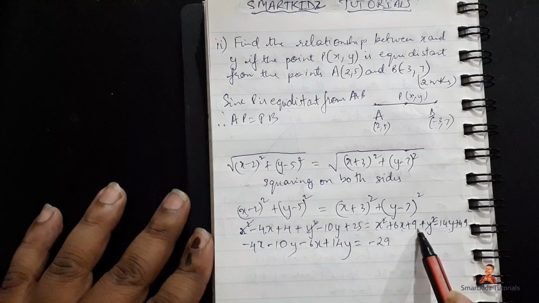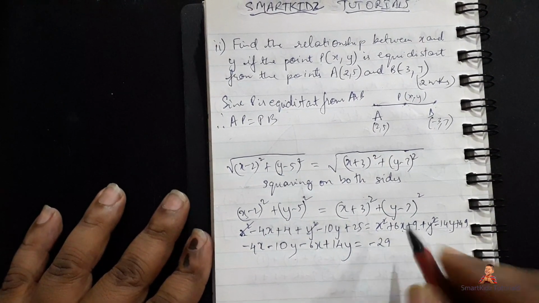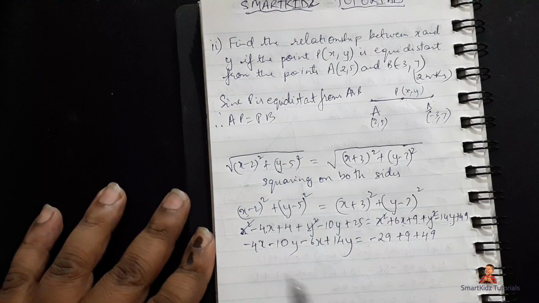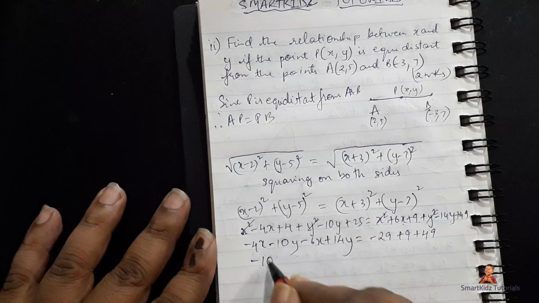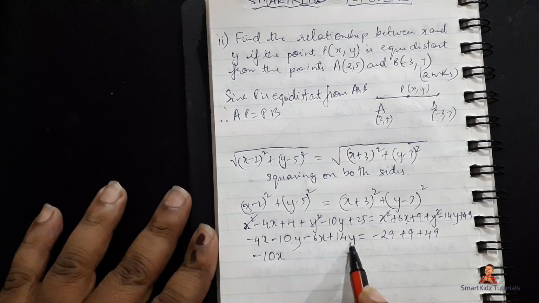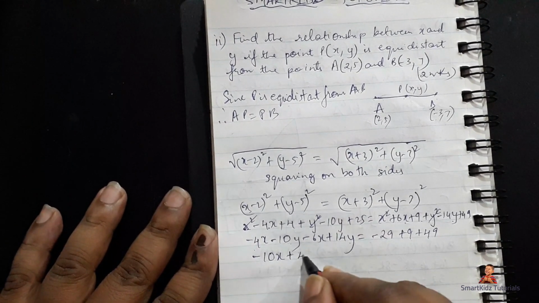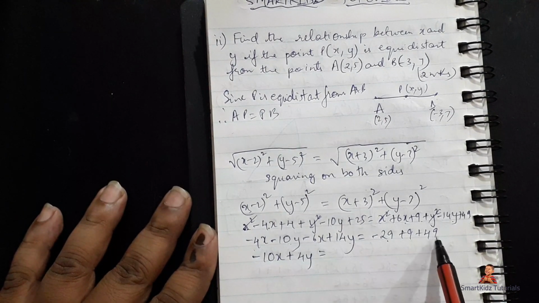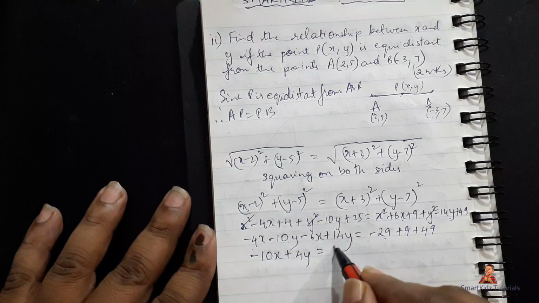Then we have 9 plus 49, so I'll keep the 9 that way and I'll keep the 49 that way, becomes easier. Minus 4x plus minus 6x gives me minus 10x, minus 10y plus 14y, so that's a positive 4y, equal to minus 29. If you remove 9 from 49, what is left is 40... 20 plus 9 is 29.